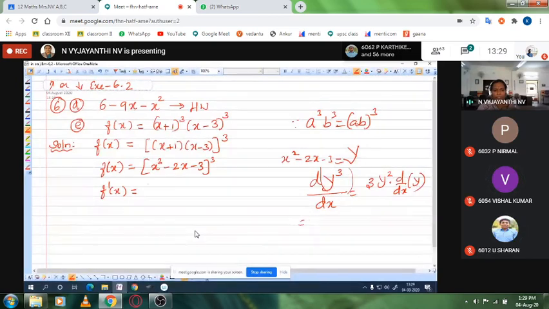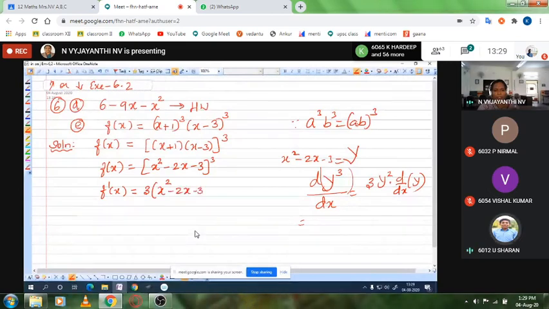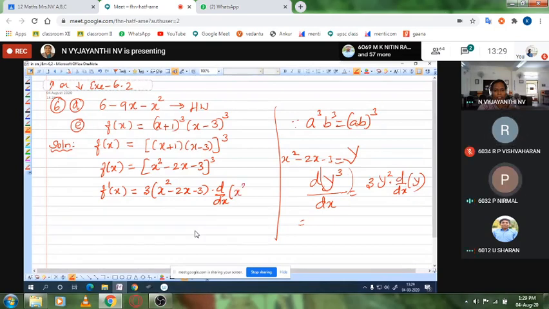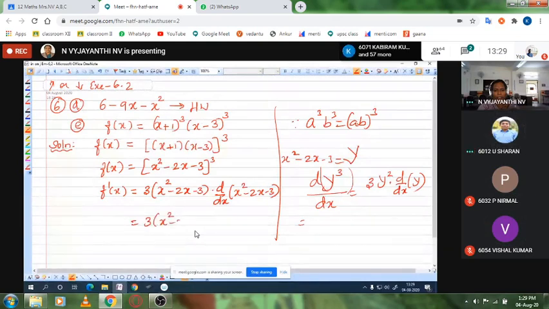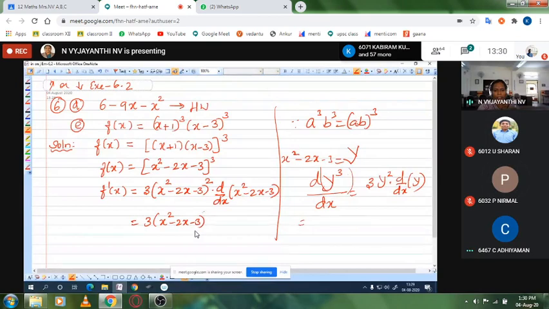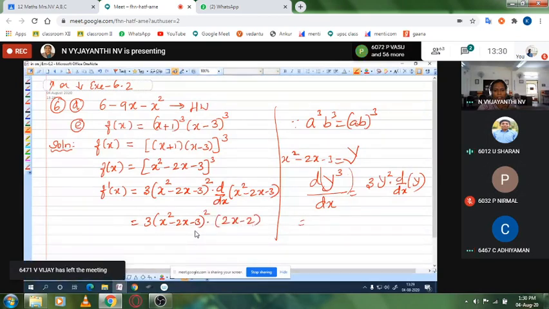So we will get 3 into x square minus 2x minus 3 whole square into d by dx of y, which is 2x minus 2.